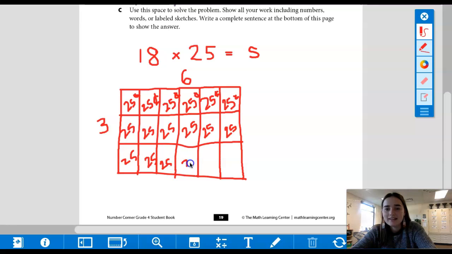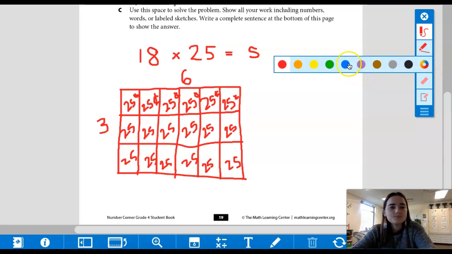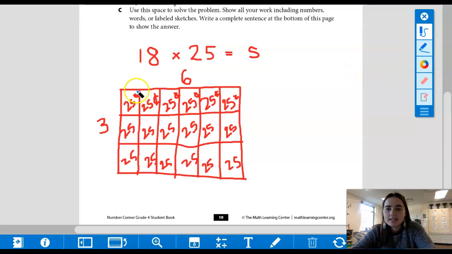I'm going to use a different color. I see we've got 1, 2, 3, 4 here. There is $1. I see a group of 4 right here. That is $2. I see a group of 4 here, $3.